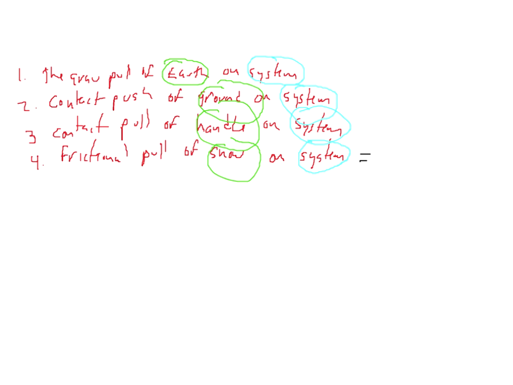Oh, and the book likes to use the lowercase f for this. This could be force of the handle. So any sort of weird applied force, the book likes to use that. Contact push of the ground on the system, the book likes to use N, which stands for normal. And normal doesn't mean sane, normal means perpendicular. And the gravitational pull of the Earth on the system, that is the nickname for weight.